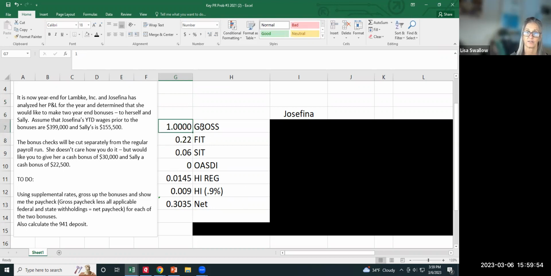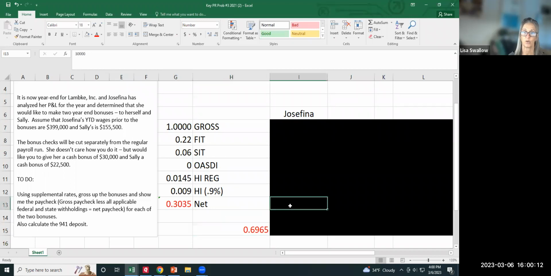And the taxes are going to take up this amount, leaving for the check 69.65%.